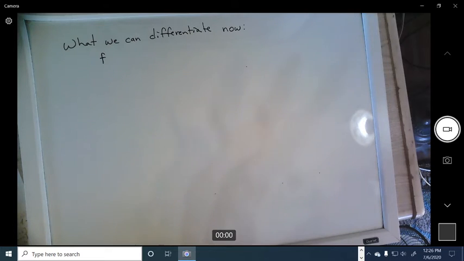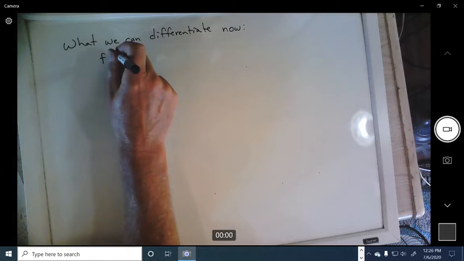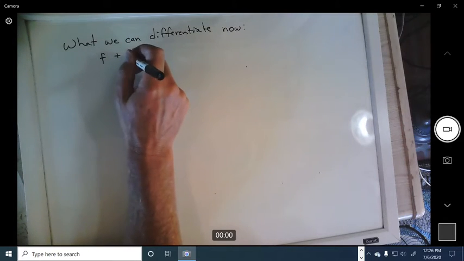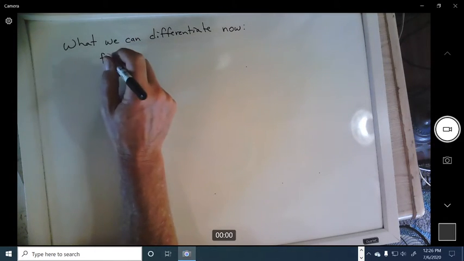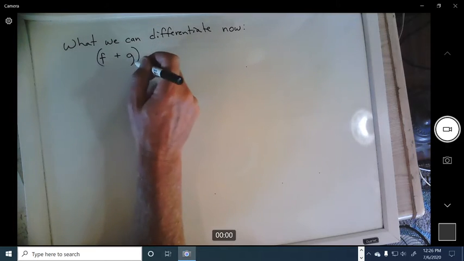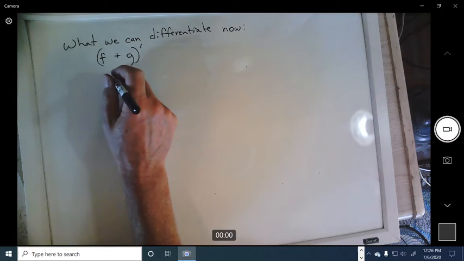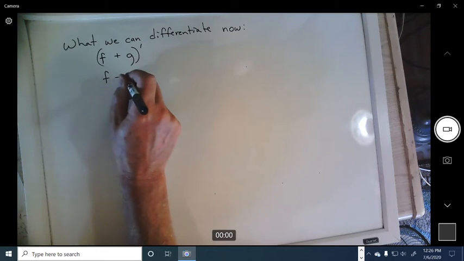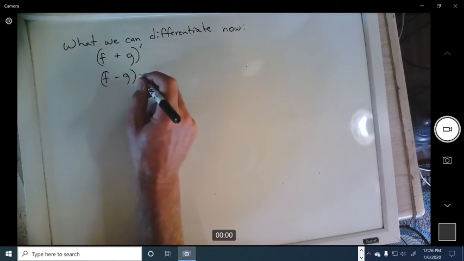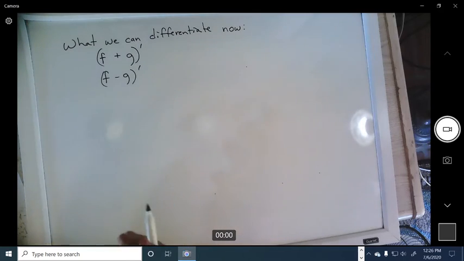So we have quite a few functions that we can differentiate. Plus, if I add two functions, I can still take the derivative, because I have a rule for that. And if I subtract two functions, each of them I could take its derivative, I could take the derivative of that.